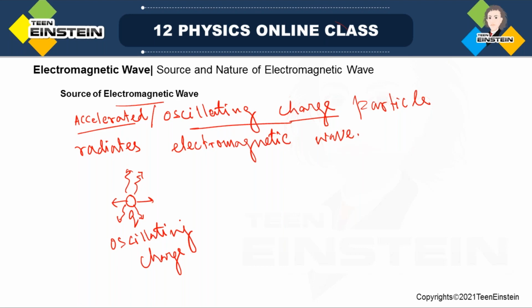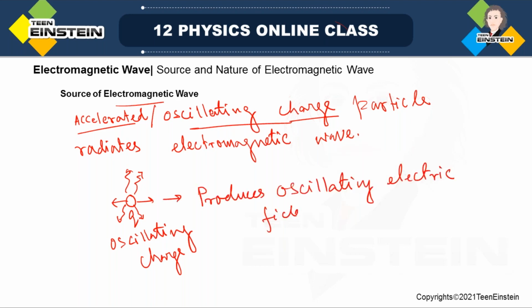What it actually produces is an oscillating electric field. We have learned in the last class about displacement current.